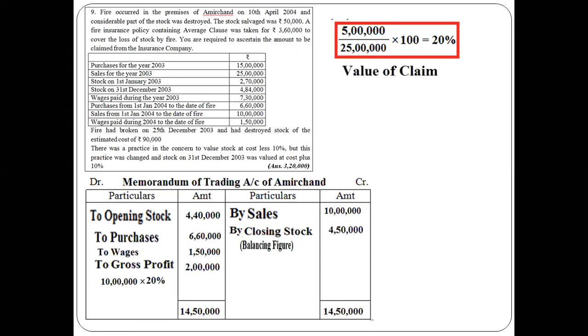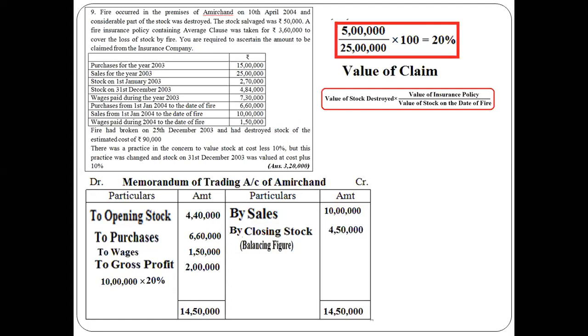Whenever there is an average clause, we need to apply the formula. Value of claim equals value of stock destroyed into value of insurance policy divided by value of stock on the date of fire which lies in the godown.